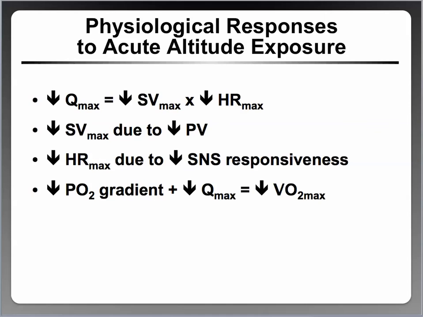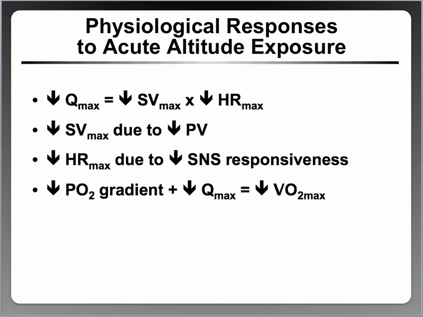The stroke volume decrease, as we've mentioned before, is due to a decrease in plasma volume, and it's thought that your decreased maximal heart rate is due to a decrease in your sympathetic nervous system responsiveness, possibly due to a decrease in the beta receptors and their ability to respond.